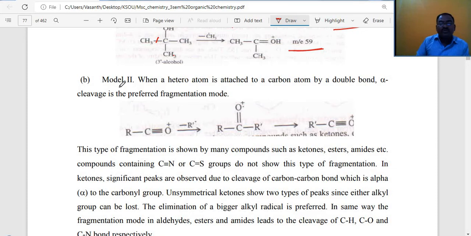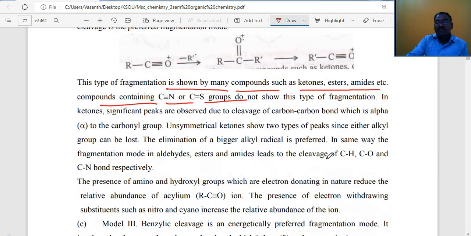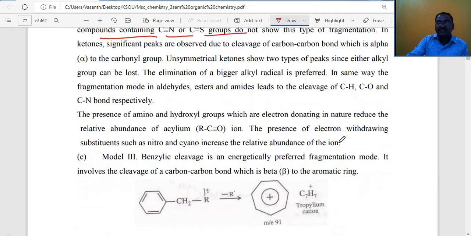In mode 2 fragmentation, when a heteroatom is attached to a carbon atom by a double bond, alpha cleavage is the preferred fragmentation mode. This type of fragmentation is shown by many compounds such as ketones, esters and amides. Compounds containing carbon-nitrogen and carbon-sulfur groups do not show this type of fragmentation.